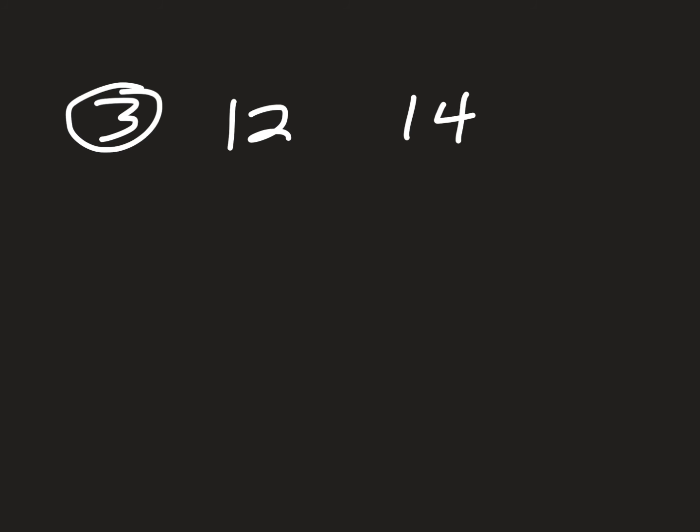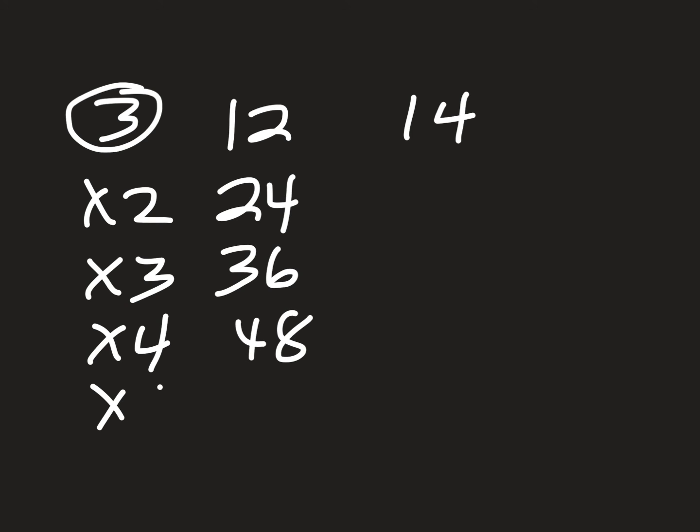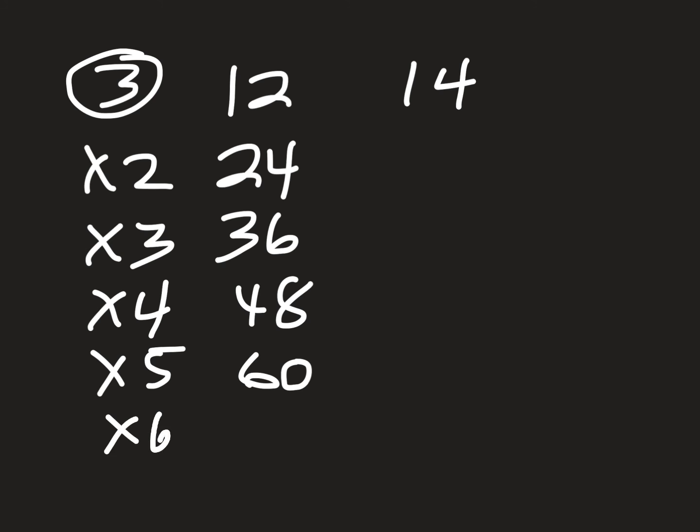And for problem number 3, we already kind of know that list of multiples of 12. By this point, we've seen them a few times now. So now let's find our list of multiples of 14.